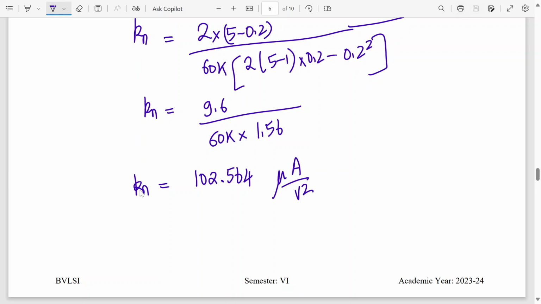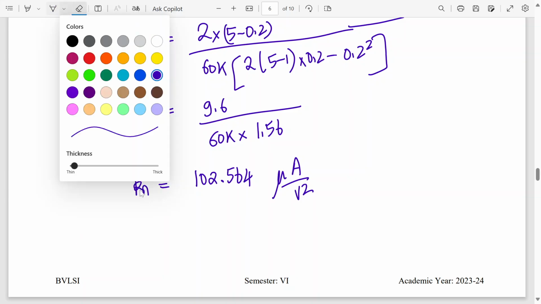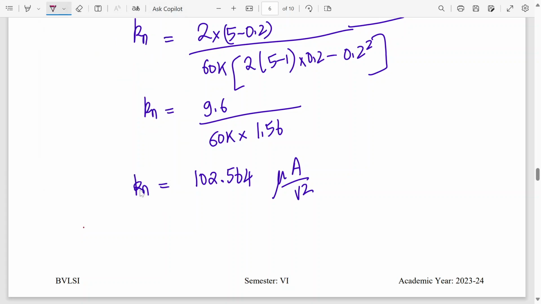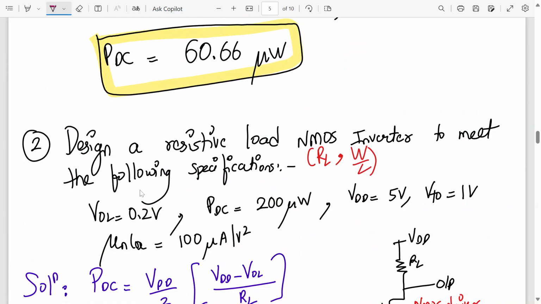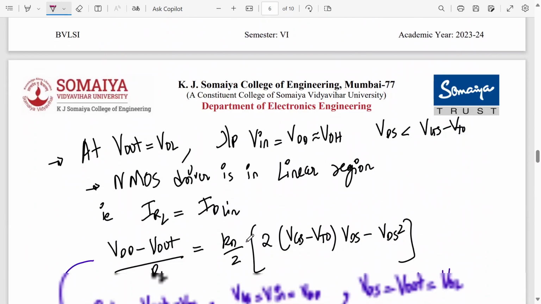Alright, from Kn we want to find the W by L ratio. So Kn is mu n Cox W by L. What is mu n Cox given to you? Mu n Cox is given as 100 microamperes.